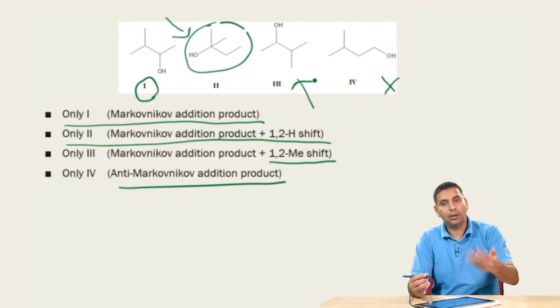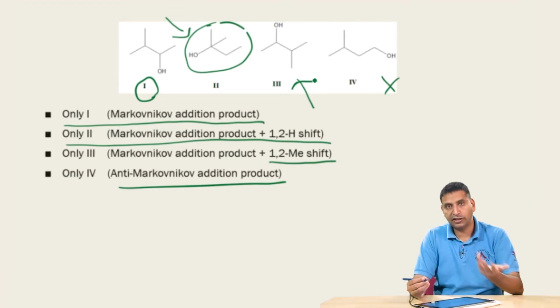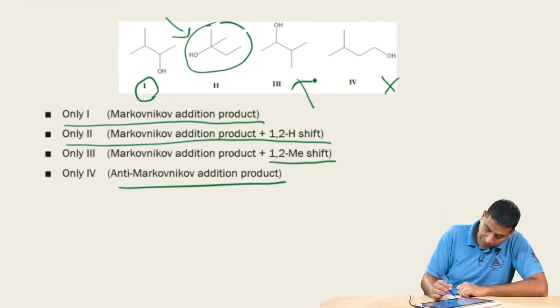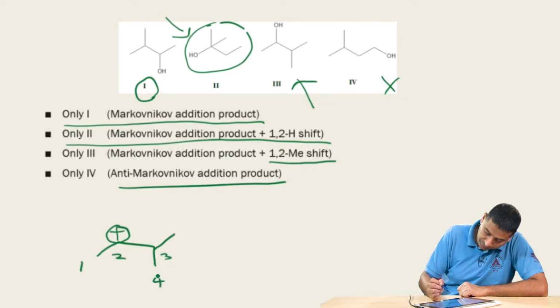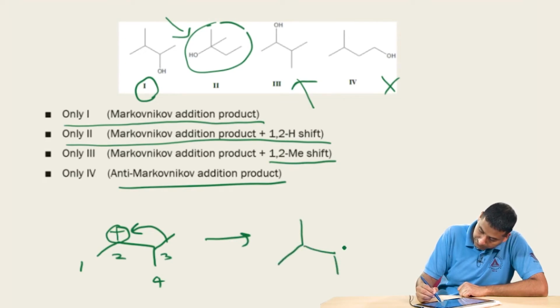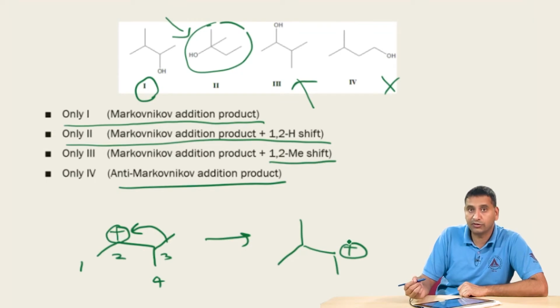So, just to understand that better, let me explain it in the following way. Product 3 would be formed if you had a carbocation over here. I am keeping the numbering the same: 1, 2, 3 and 4. If this undergoes a methyl shift, it gives you a carbocation such as this.